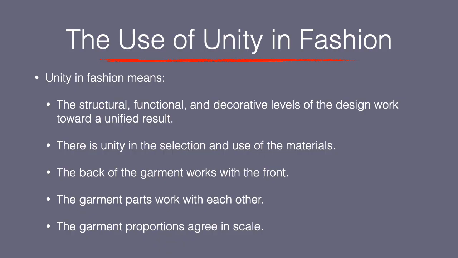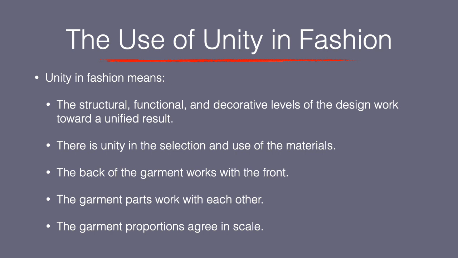The use of unity in fashion. Unity in fashion means that the structural, functional, and decorative levels of the design work toward a unified result. There is unity in the selection and the use of materials. The back of the garment works with the front.